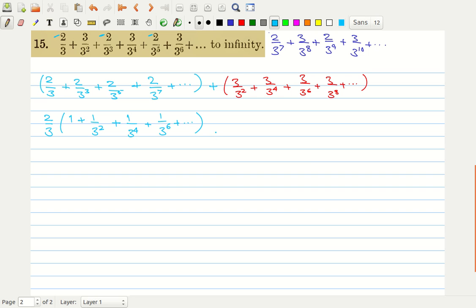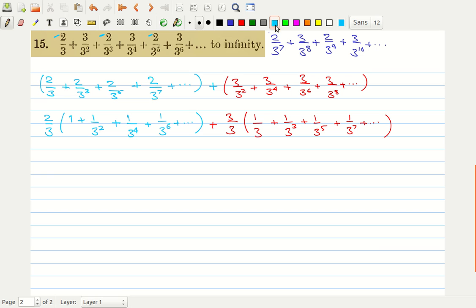Now take 3 as the common factor out, here also take 3/3 as a common factor out. So this is 1/3, right? This is 1/3³, 1/3⁵ plus 1/3⁷ and so on.